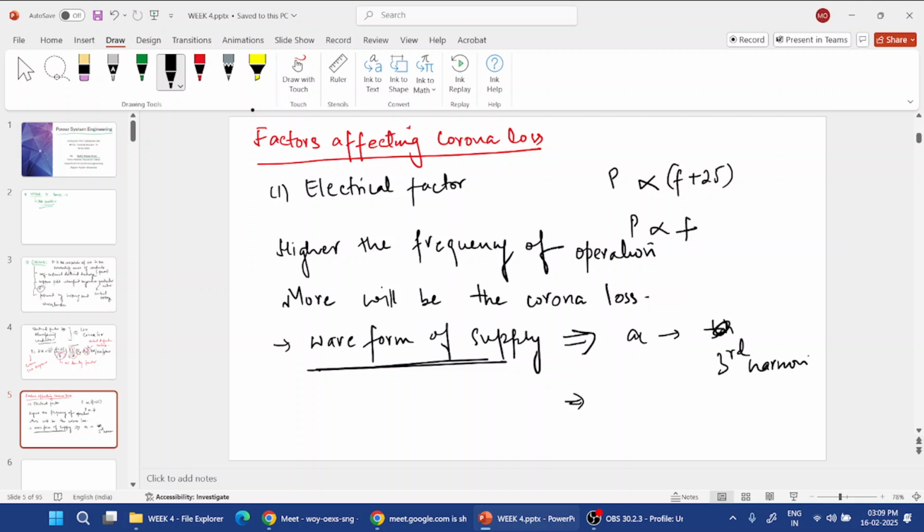So basically AC corona loss will always be greater because it contains harmonics. On the other hand, DC does not have any harmonics, so it will have lesser corona loss in comparison to AC.